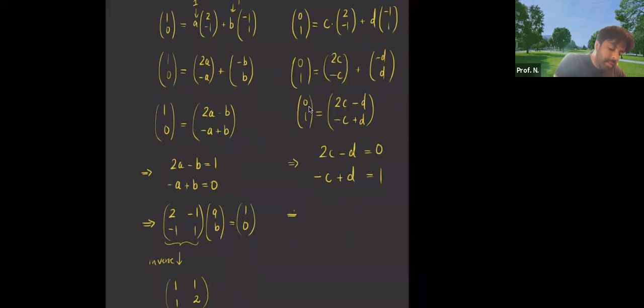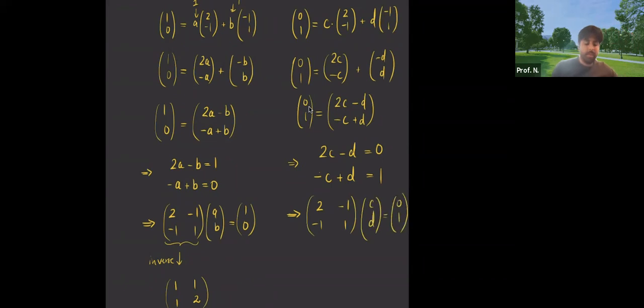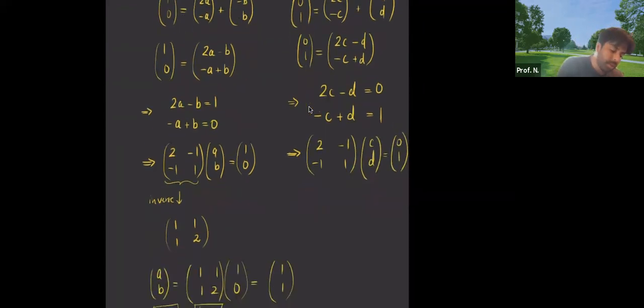Or I can rewrite this as a matrix equation: the matrix 2, negative 1, negative 1, 1 times the column vector C, D equals the column vector 0, 1. Do you see how this matrix is identical to the earlier one? It's the same, so I have the same inverse.